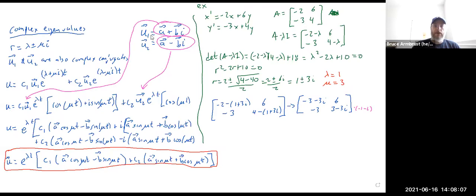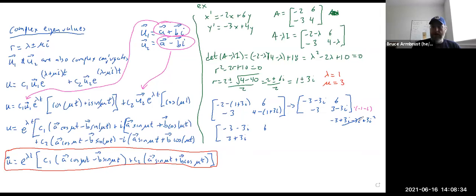So I'm going to try to show you all the steps. So we get minus 3 minus 3i, 6. And then on the bottom here, I'm going to get now 3 plus 3i. And if I multiply this out, I'm going to get negative 3 plus 3i minus 3i plus 3i squared. So the 3i's cancel.